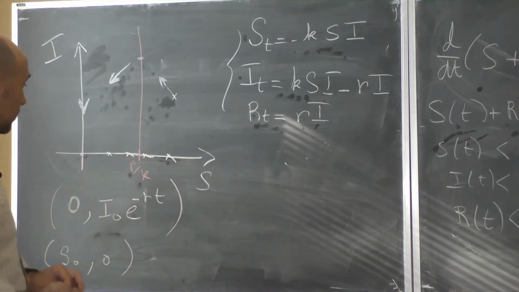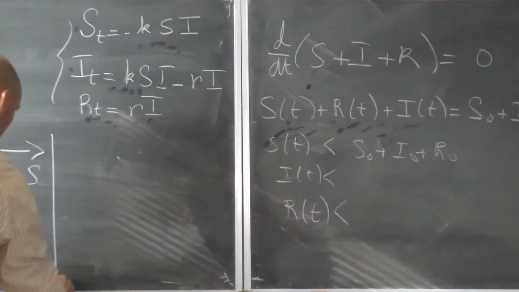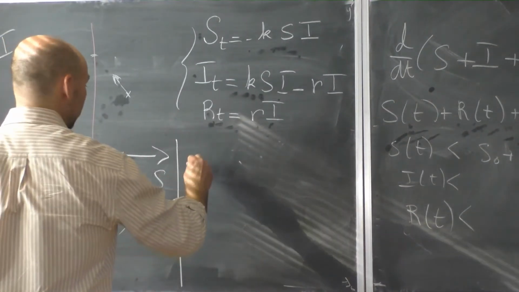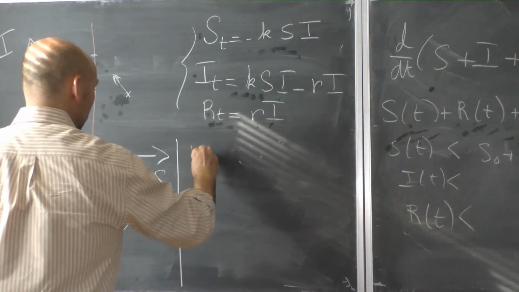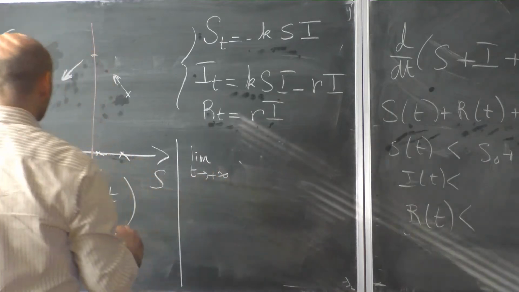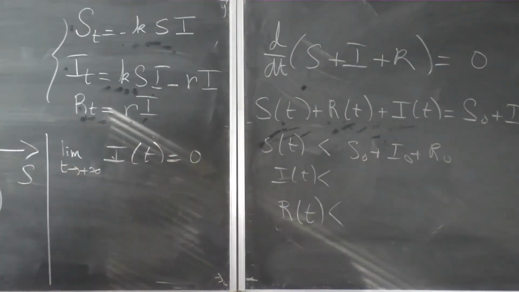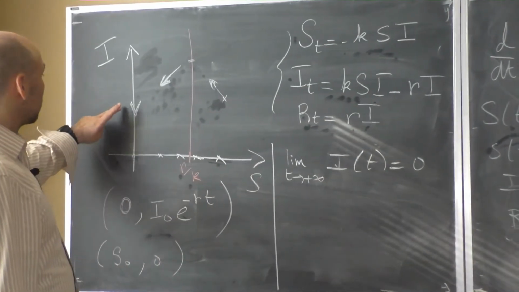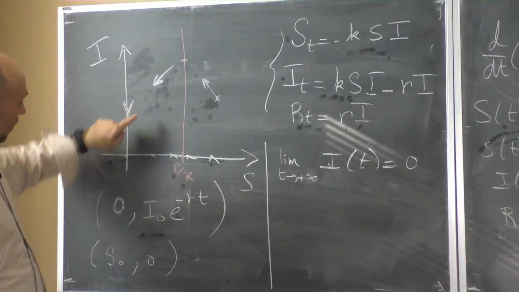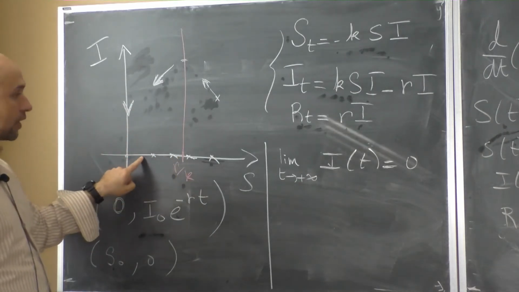So that gives the result that when t goes to infinity, I of t goes to 0. No choice. You cannot cross this line here, and the stationary points are there, so you need to go here.